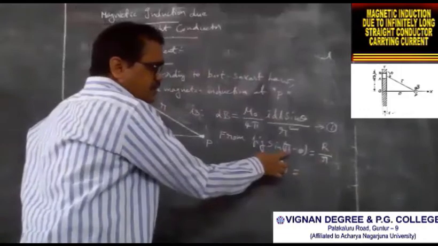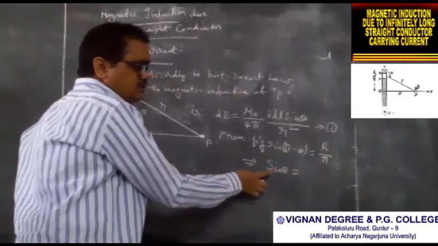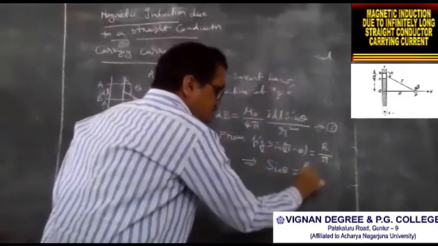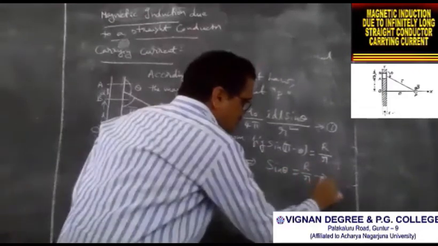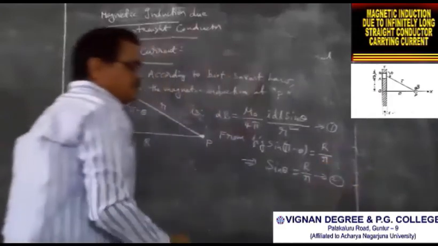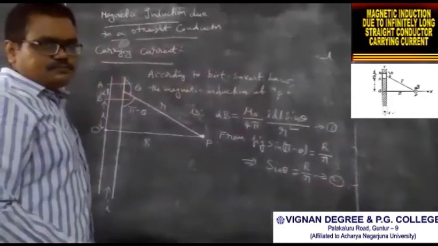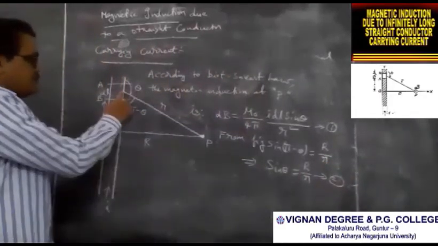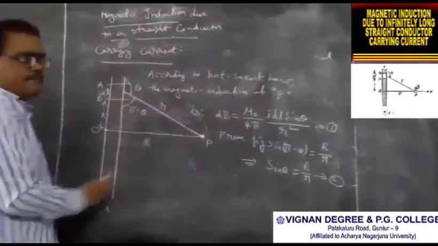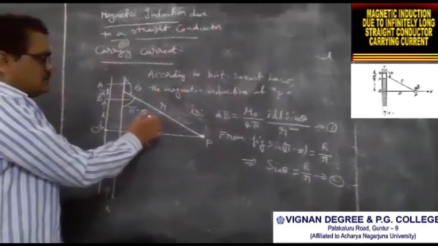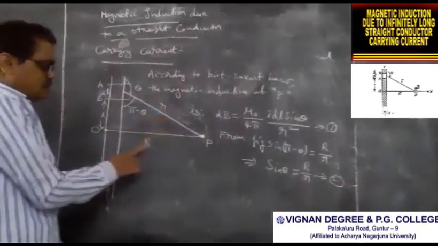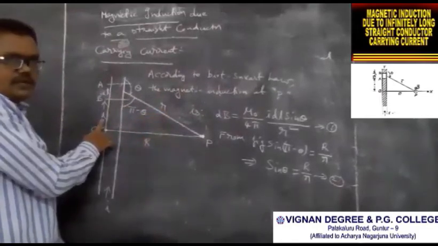Hence we write sin theta is equal to R by r. Let us suppose that is equation 2. Again, from this right angle triangle, applying Pythagoras theorem, we get r square is equal to R square plus L square.